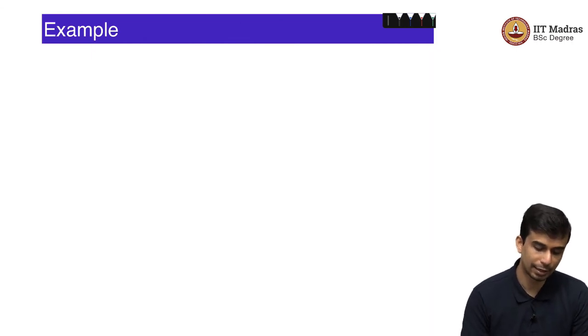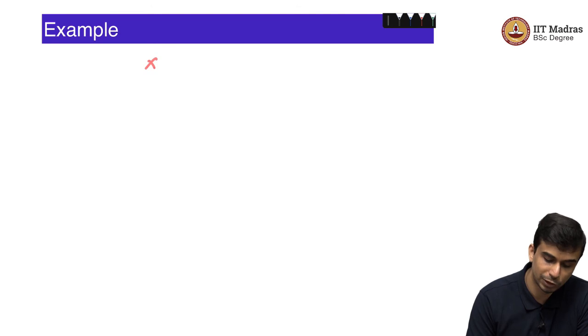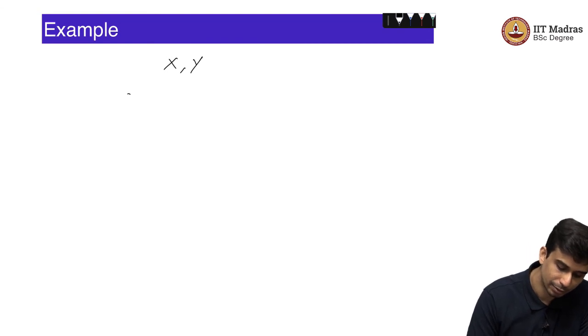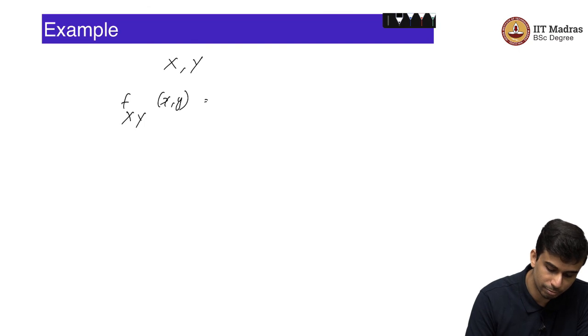Right. Let us take another example where you have uncorrelated random variables, but they are actually dependent. Let us say you have X and Y. I will directly give the joint distribution: fXY(x, y) is given by this table.